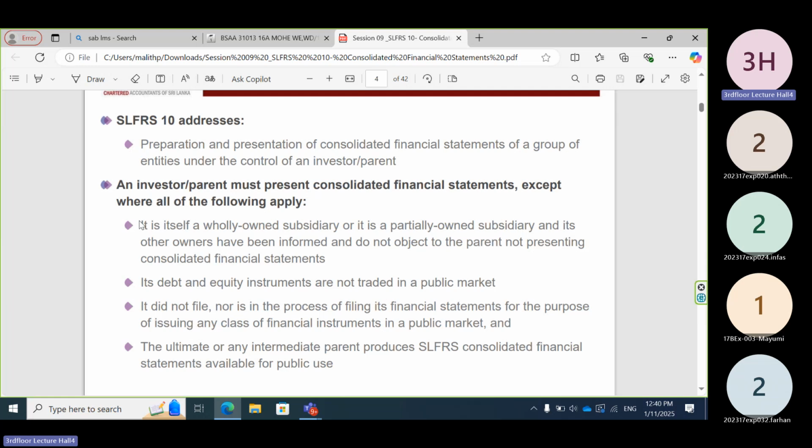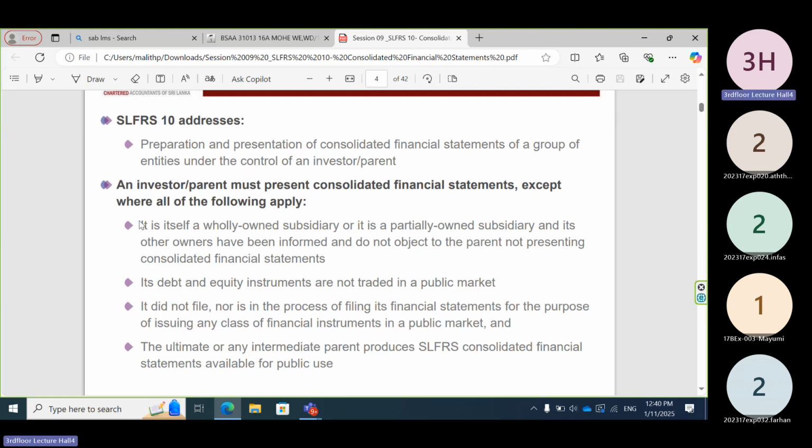Another set have to do consolidation, right? Let's take a real scenario: government, then People's Bank, then People's Leasing company, then People's Insurance.